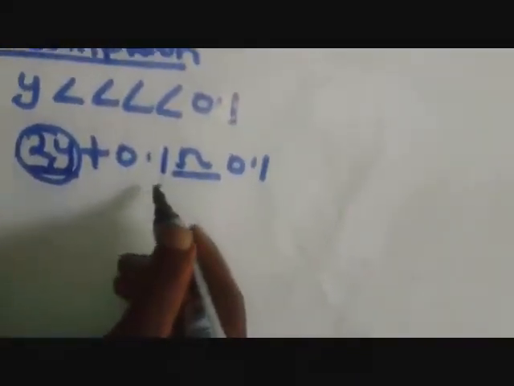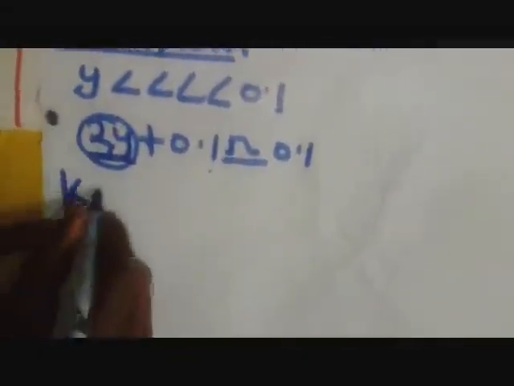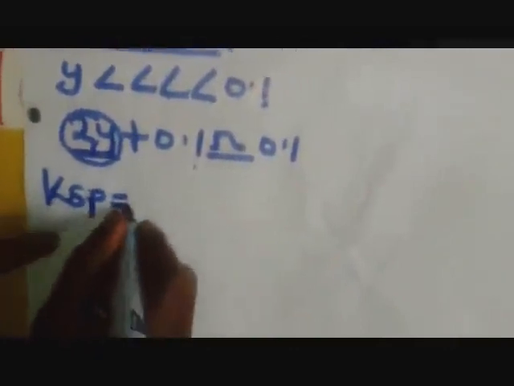So we bring that assumption in, and this implies that we have eliminated this term. We put that aside, and we use this to represent the concentration of the iodate ions.